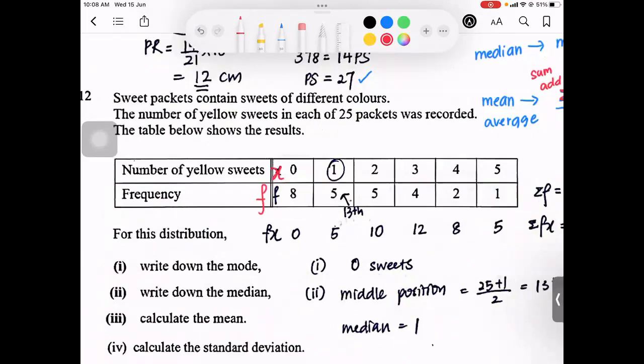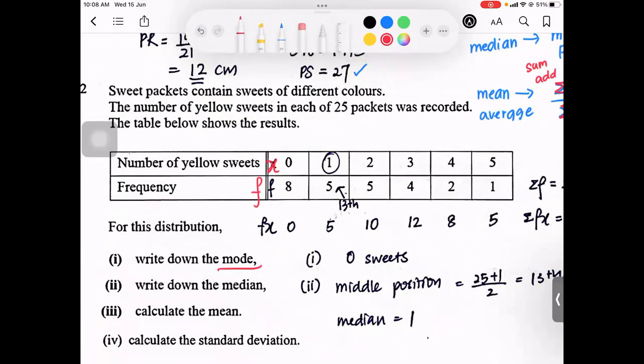Write down the mode. Mode means the one that is most common, most popular, with the highest frequency. So the highest frequency is 8, but 8 is not the answer. The data value is 0 sweets, 0 yellow sweets.